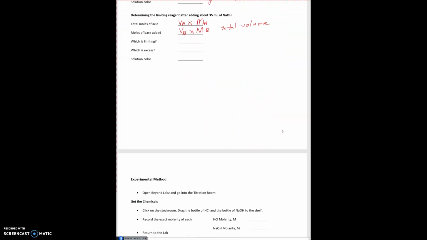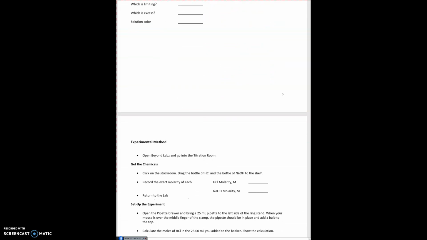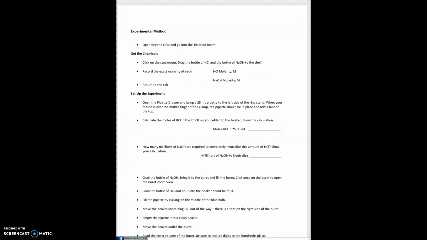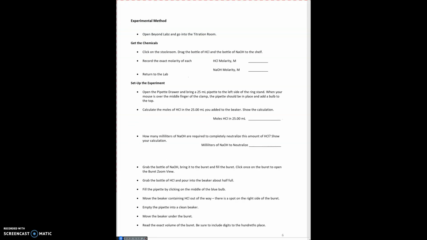So we're going to come down to the calculations. You're going to go into the Beyond Labs program. You're going to get from the storeroom the HCl and the molarity and mark down its molarity using every significant figure. Now, the next thing you're going to do is pipette 25 milliliters of HCl into a beaker.